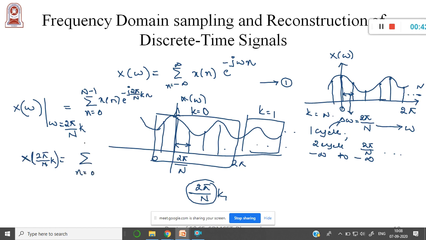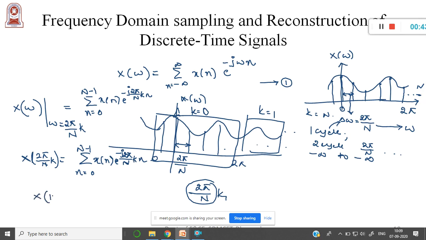I consider instead of 0 to infinity, since it is periodic, I go for n number of samples. N number of samples means if I consider from 0, it is 0 to n minus 1, and x of n e to the power of minus j omega n, in place of omega I will be considering 2 pi by n k. Since 2 pi is constant, n will also be constant based upon the number of samples that you take.